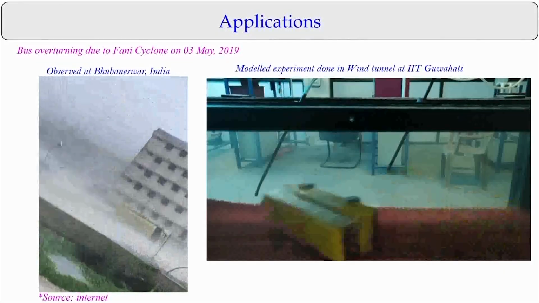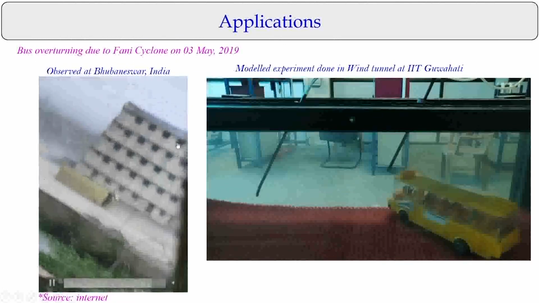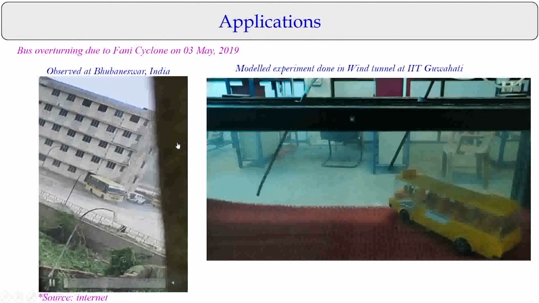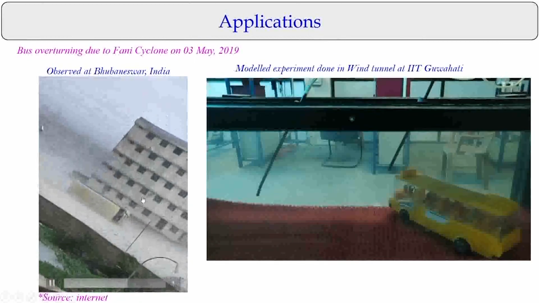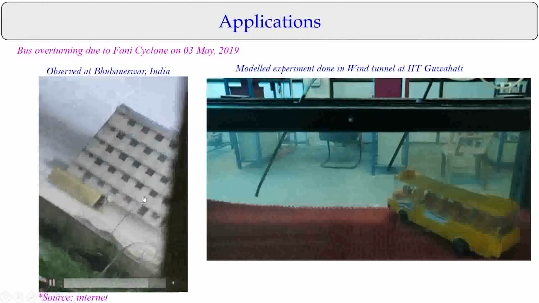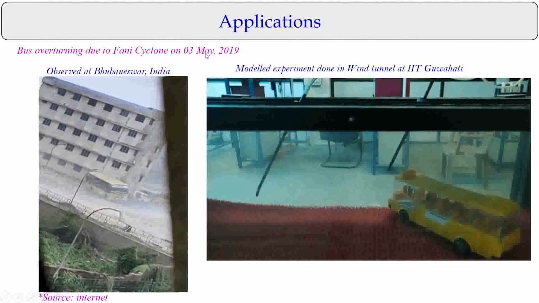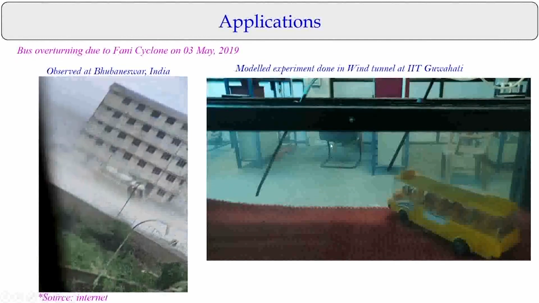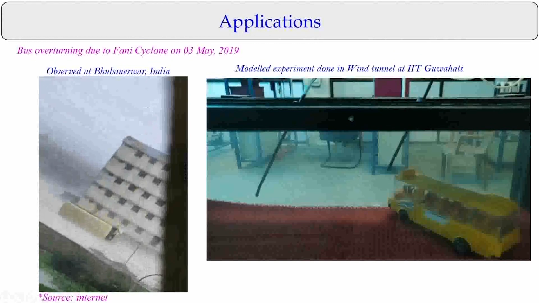As I started earlier, let us start with a very interesting example which we observed on May 3rd, 2019. You can see this vast overturning because of the super cyclone that happened on May 3rd, 2019, and this is what we conducted as an experiment in the wind tunnel at IIT Guwahati.